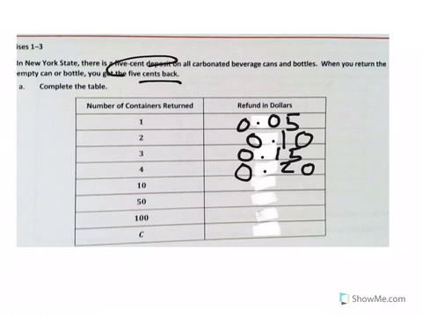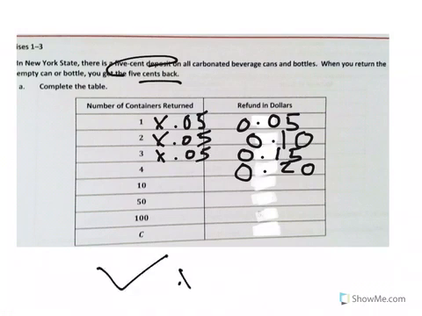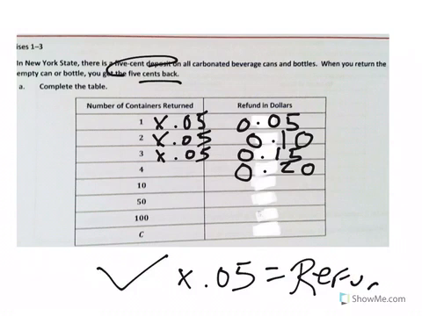Well, if our pattern holds true, then basically we're looking at 1 times 0.05. 2 was times 0.05. 3 was times 0.05. So we're starting to see a pattern. The number of containers returned times 0.05 gives us our refund, right?